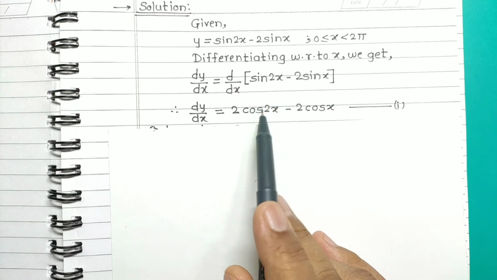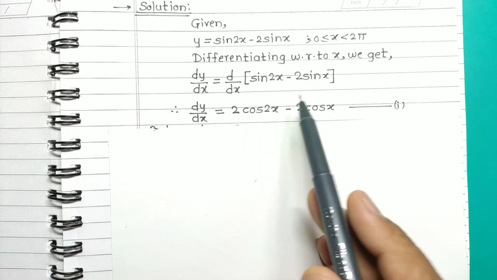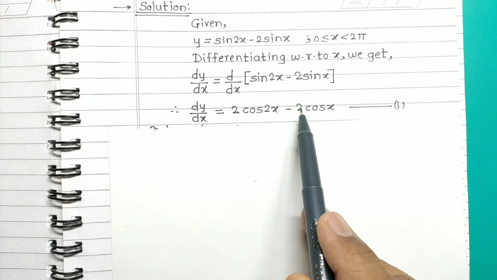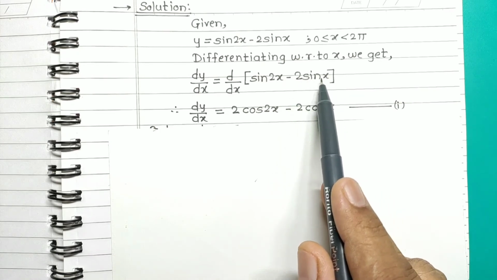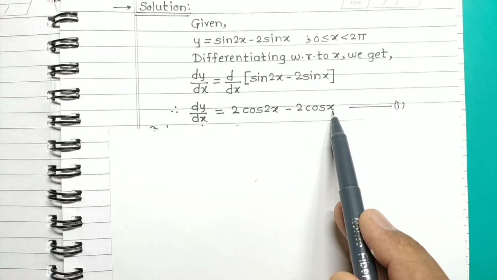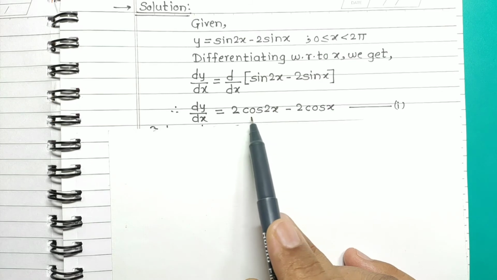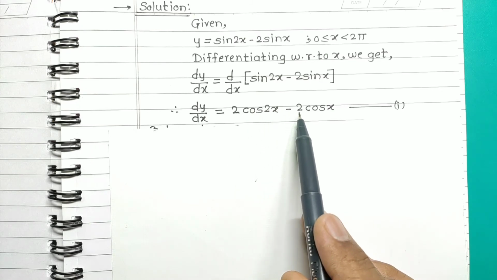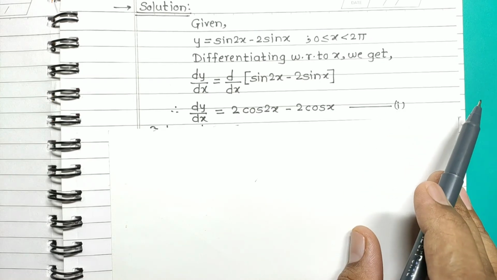We have used chain rule to find the derivative of sine 2x here, and it is straightforward. 2 is a constant, and sine x is in standard form, so derivative of sine x is cos x. Okay, so we have dy by dx is equal to 2 into cos 2x minus 2 into cos x. Call it equation number 1.